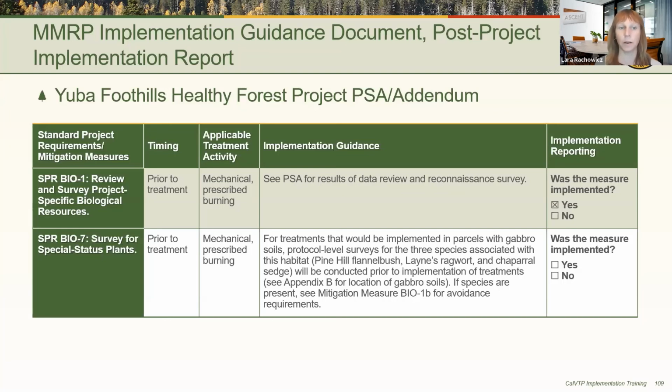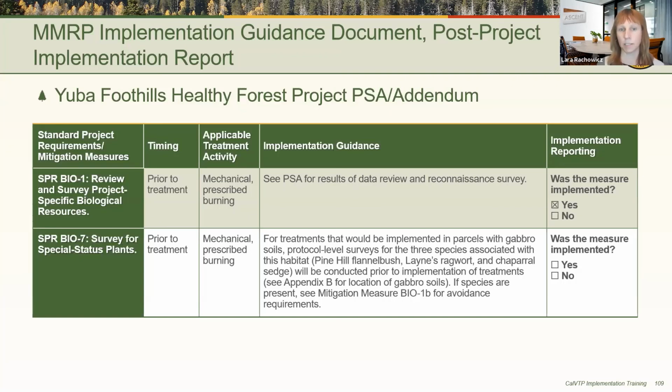So we prepared this implementation guidance table for each landowner, and it includes the SPRs and mitigation measures that are specific to their land and their project activities. You can see here that the table includes the name of the measure, the timing and treatment activities, which are all from the MMRP. And then we added a project-specific implementation guidance column and implementation reporting column.